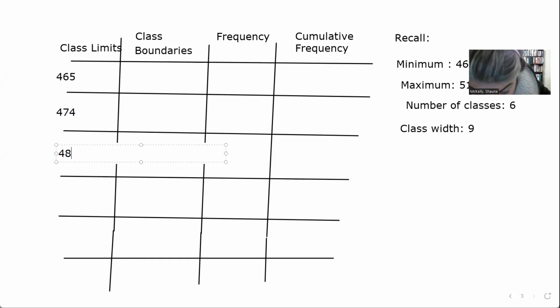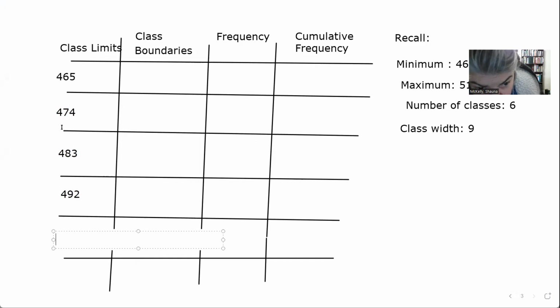We're going to add 9 every time. If we add 9 to 483, we get 492. And if we add 9, we get 501.